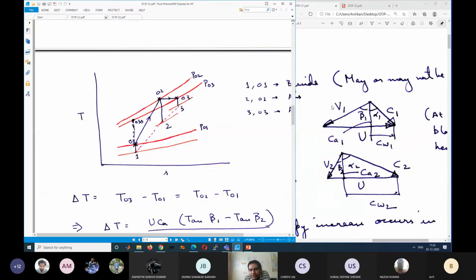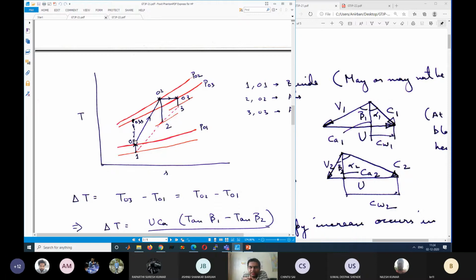Now after the stator, after the rotor, what will happen to the total enthalpy? So in the rotor, what do we do? We input a lot of work, right? The function of the rotor is to impart work to increase the stagnation enthalpy, the overall enthalpy, to increase the energy of the fluid.